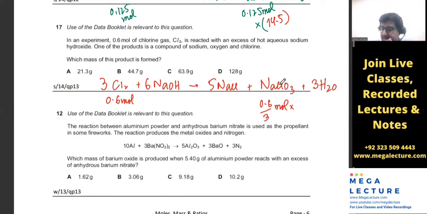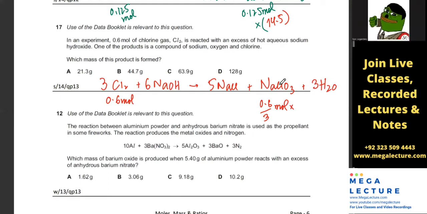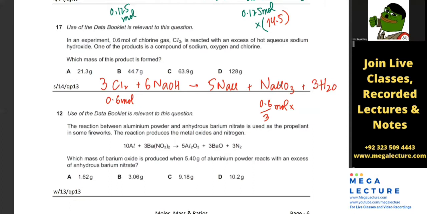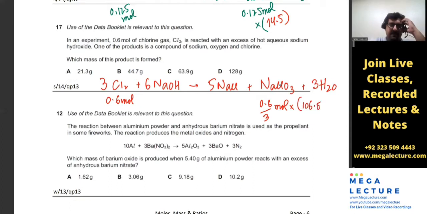So, what's the MR for this one? MR is 106.5 and the final answer is 21.3. So it's going to be A, right?